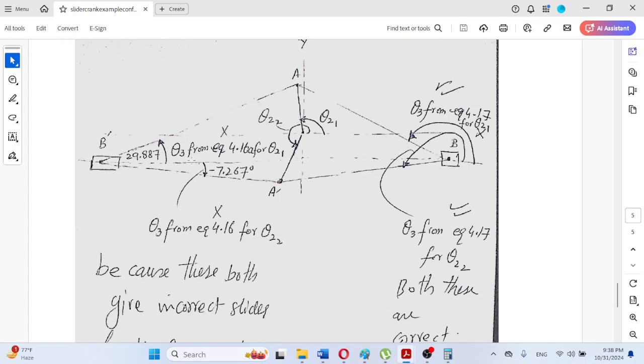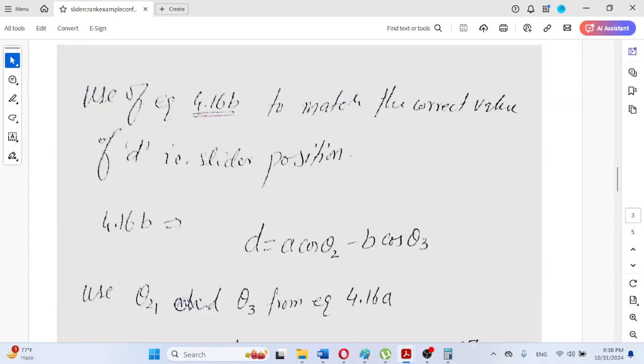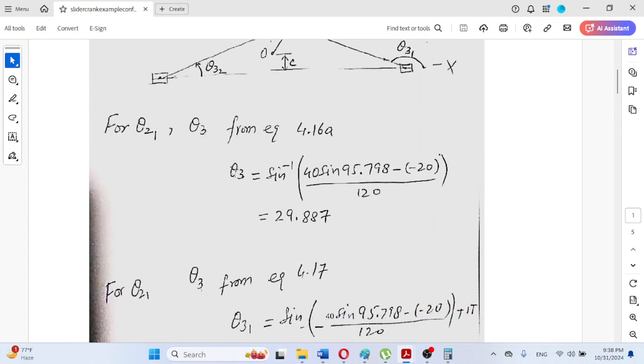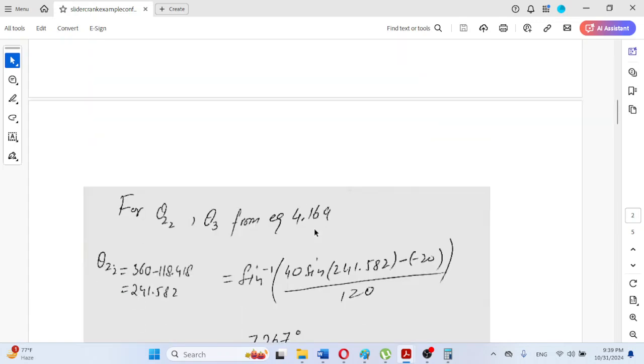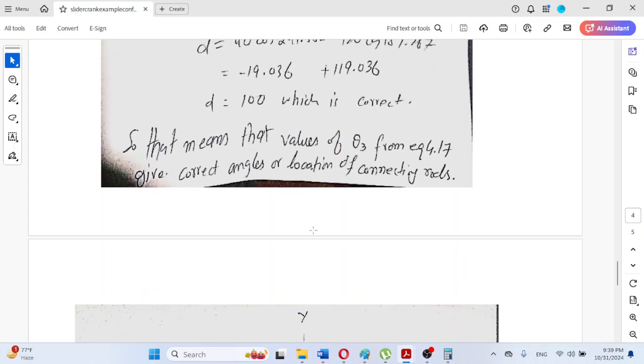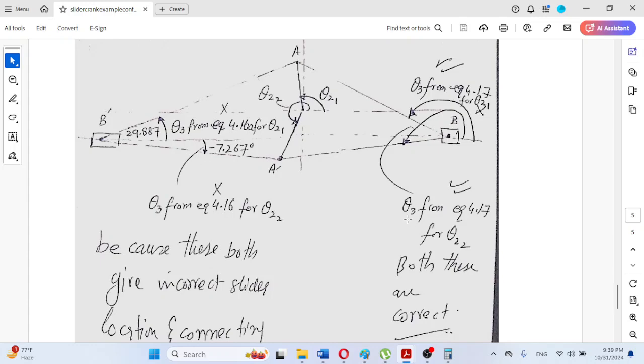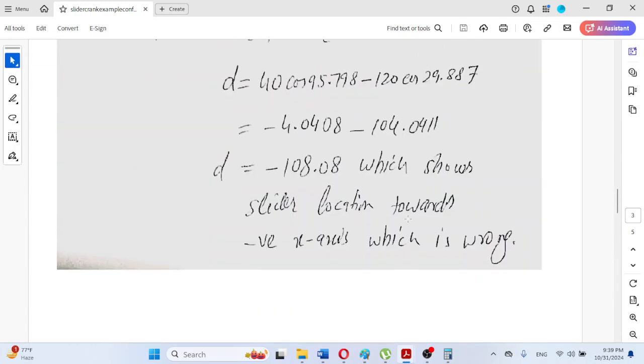This value was actually giving theta 3, means the connecting rod location along the negative x-axis, means that value, here I can show again, was measured from the positive x-axis in the anti-clockwise direction.